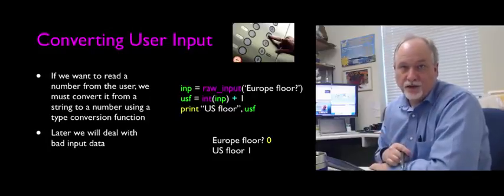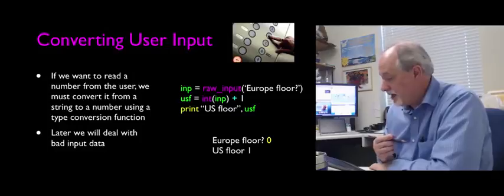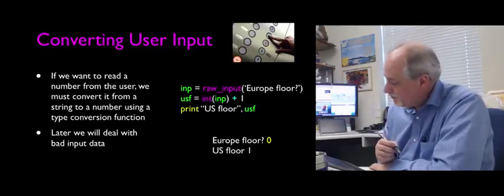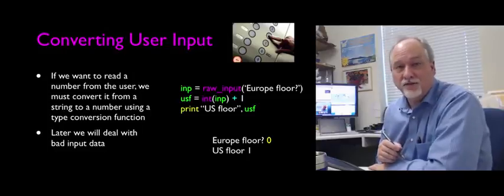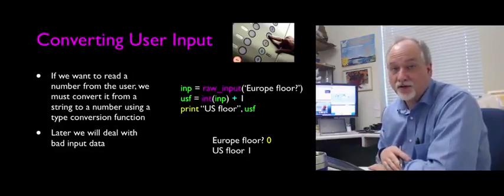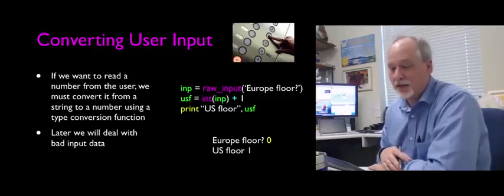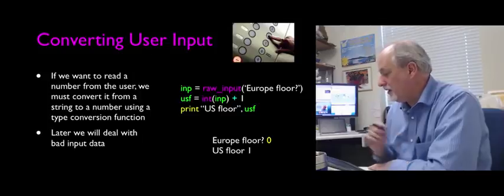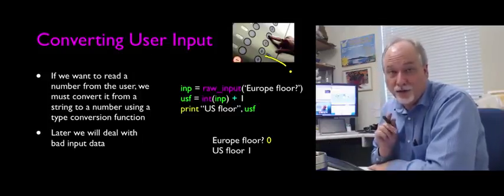So now we're going to create the first useful program. It's not a powerful program. It is an interesting problem, because for some reason there's a difference in the numbering scheme of United States elevators and European elevators. In European elevators, the floor that you walk out on is the 0 floor.